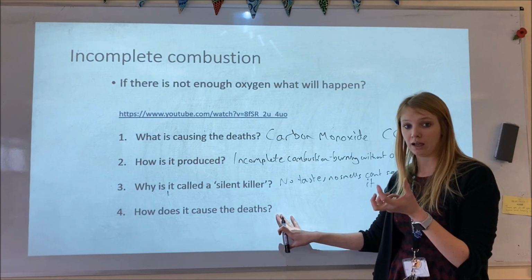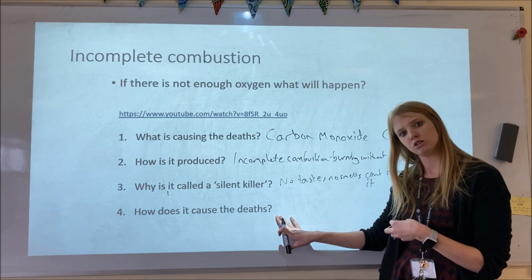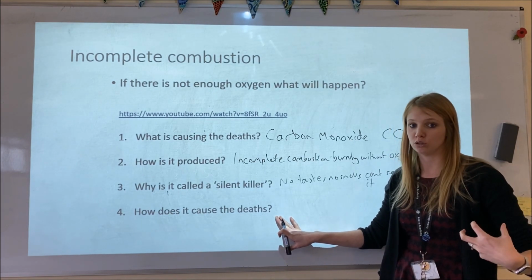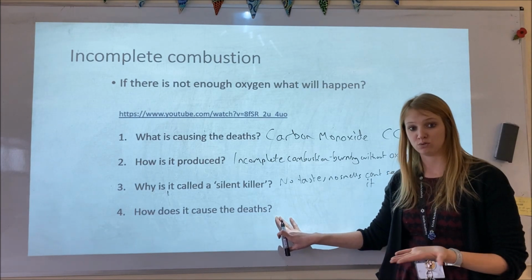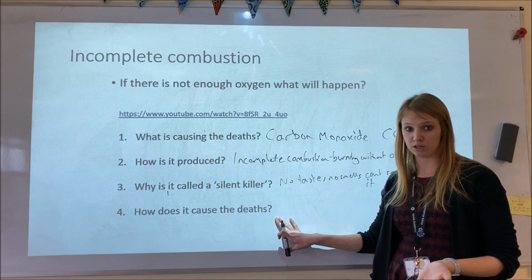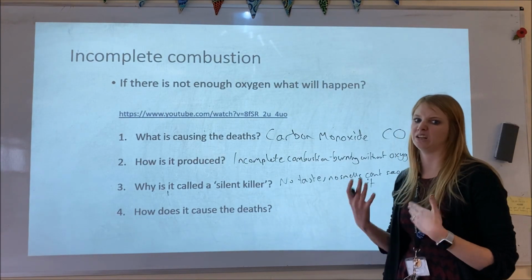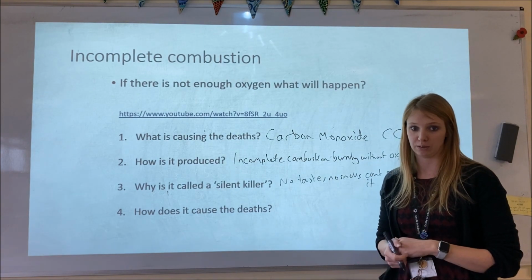And that means that no oxygen can bind. So if the oxygen is not binding into your hemoglobin in your red blood cells, you are not going to be getting oxygen around to all the respiring cells in your body. So respiration levels are going to go down and you're going to lose energy, which is why some of the symptoms start off as feeling tired and feeling nauseous, because those normal processes just aren't happening.